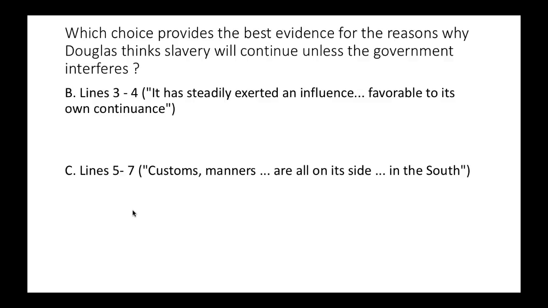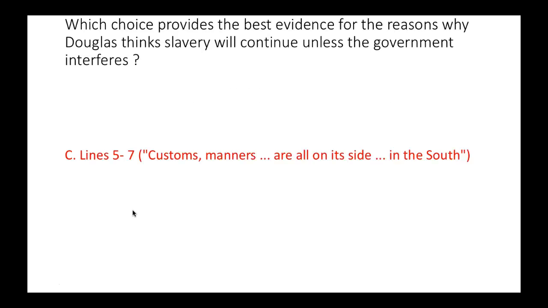B hints at why slavery will continue. However, C, which states that the customs and manners are all on its side in the South, gives specific reasons for why slavery will continue. As a result, C is the correct answer for this question.